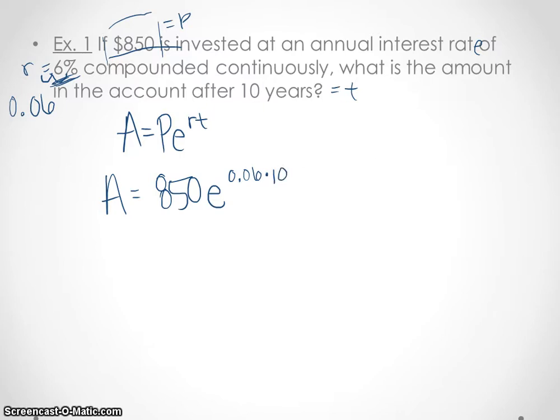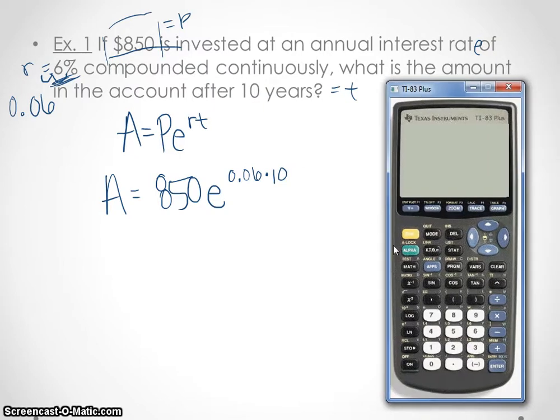Then we go grab our calculators. Please get yours out. We'll clear it out. We put the E in here, and this whole thing would be my power, and it's nice enough that it puts parentheses in there for us. So E is second and then your natural log button, then 0.06 times 10, close your parentheses, and then multiply that by our principal, 850, and we get our answer here.